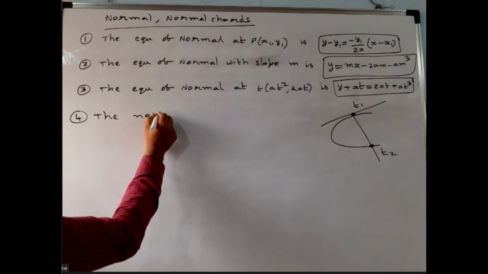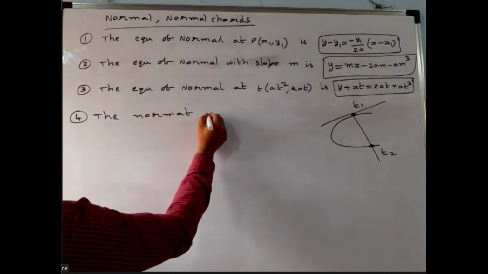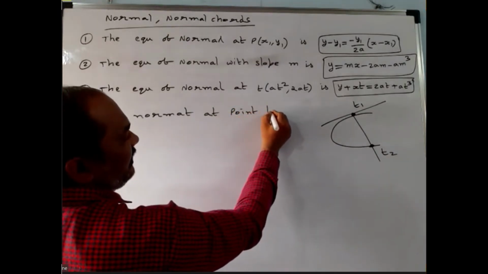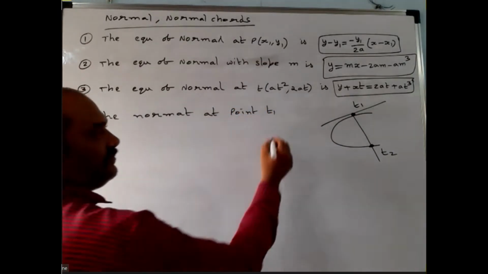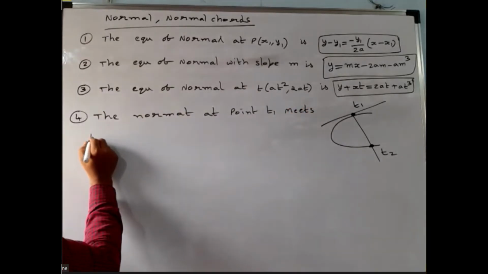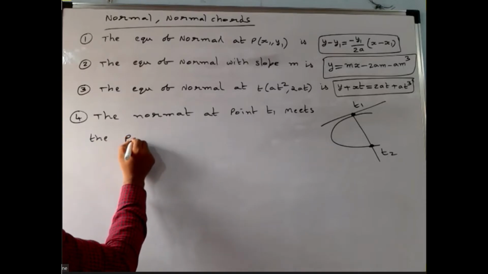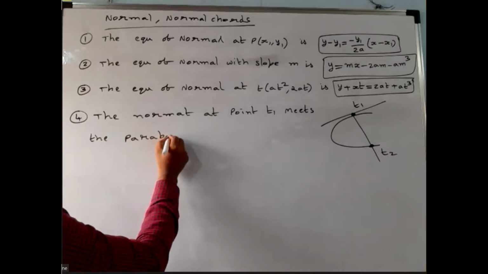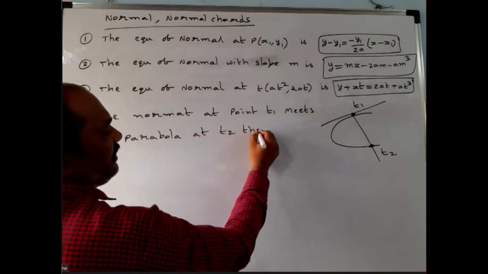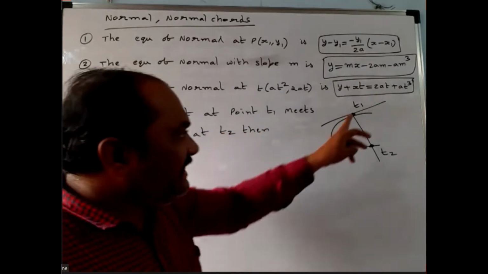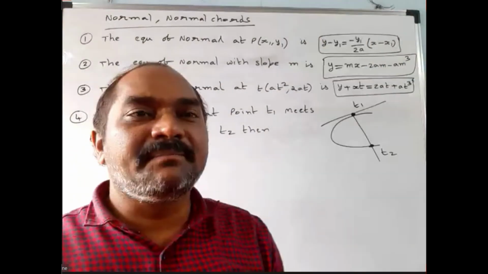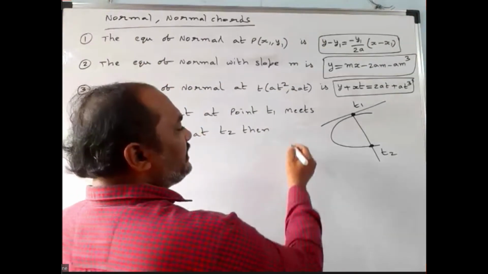The normal at point T1 meets the parabola at T2. So the normal equation at T1 meets the parabola at T2.